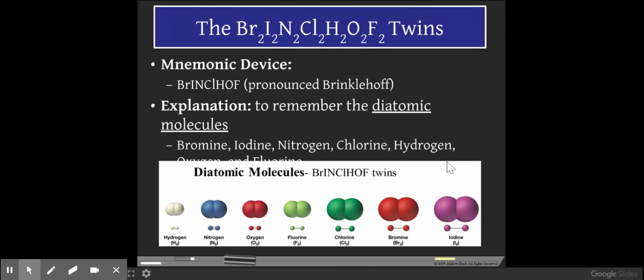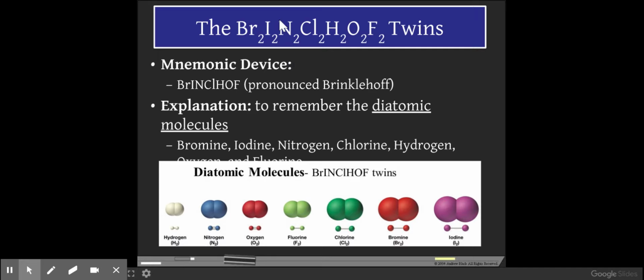Okay, let's talk about the Brinkelhoff twinsies. So on your reference table, your nonmetals side has bromine, iodine, nitrogen, chlorine, hydrogen, oxygen, and fluorine. And these guys all like to bond to themselves. They're called the Brinkelhoff twins because in real life, you'll never see oxygen by itself, not bonded to another oxygen atom.